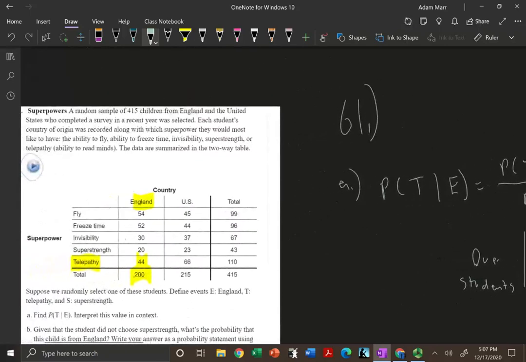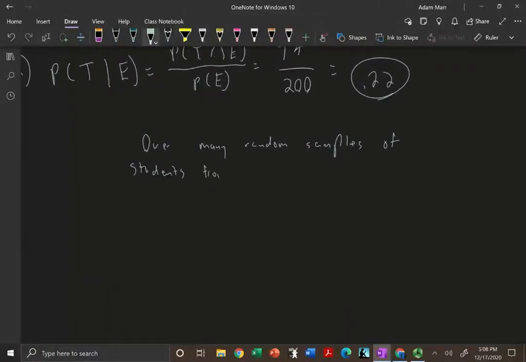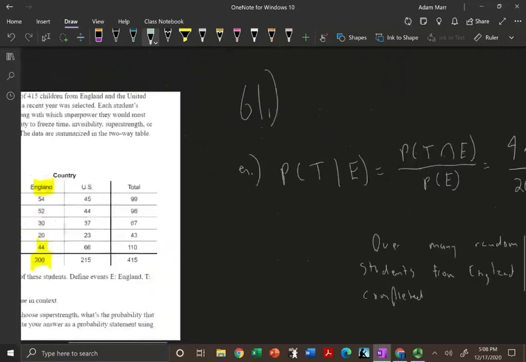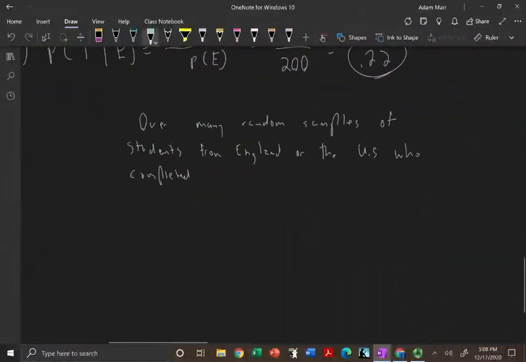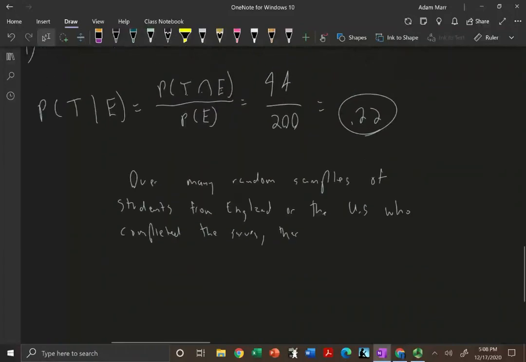In this case, the students are from England and the U.S. who completed the survey. So we're going to say over many random samples right here, given the students that are from England, there's about a 22% chance that that student's favorite superpower is telepathy.